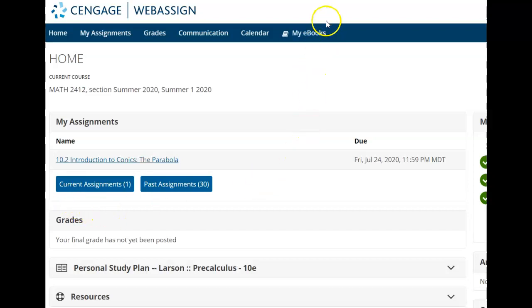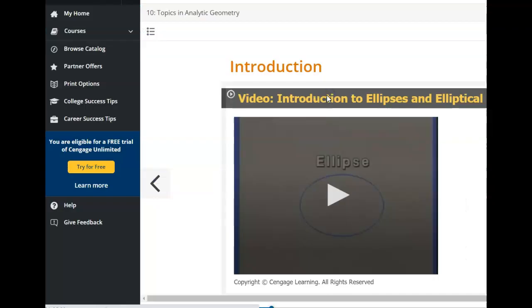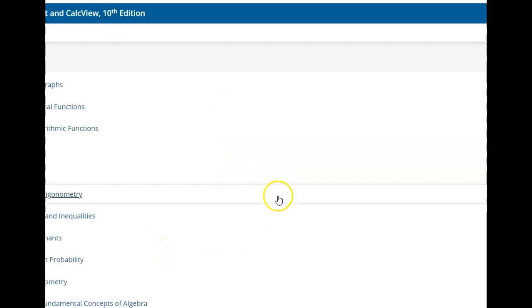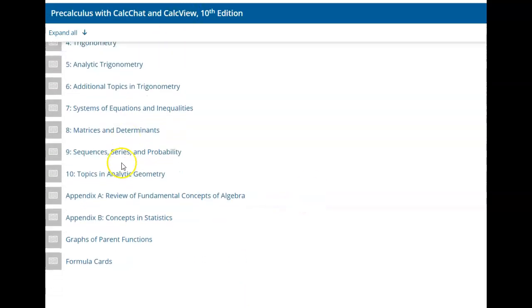So again, you go to My eBooks, and we're there. I'm going to adjust the view. Okay, so I'm going to select section 10.3.